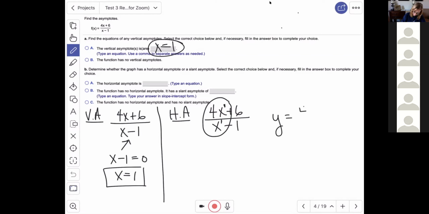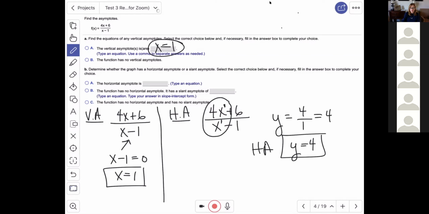So that would be 4 over 1, which is 4. That makes sense? So my horizontal asymptote is y equals 4. So those are two examples where you actually get a horizontal asymptote. That's when they're equal.